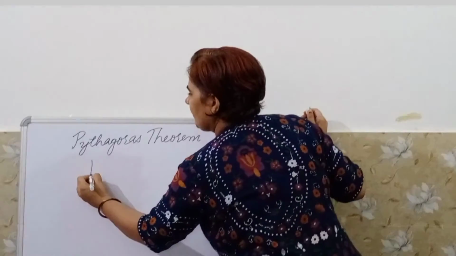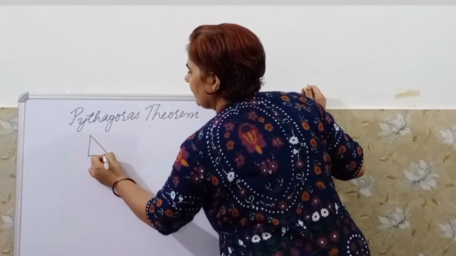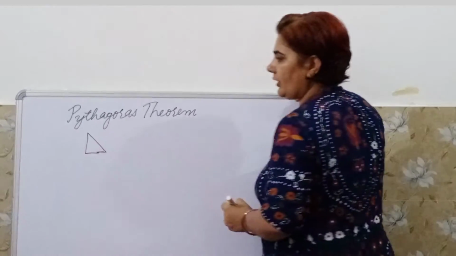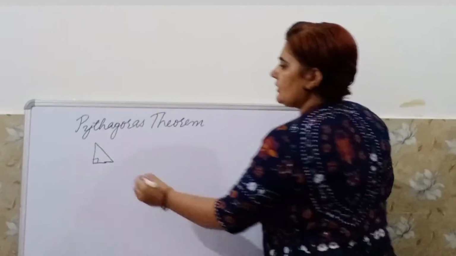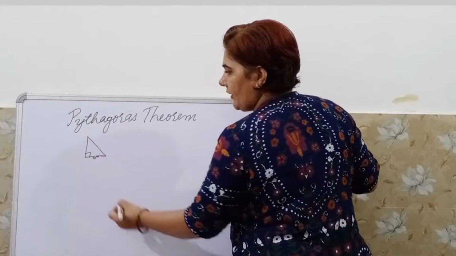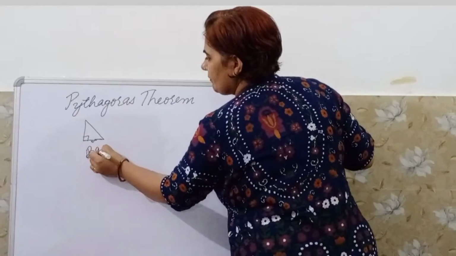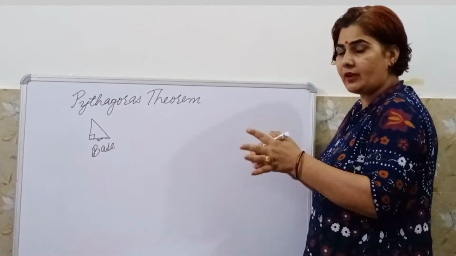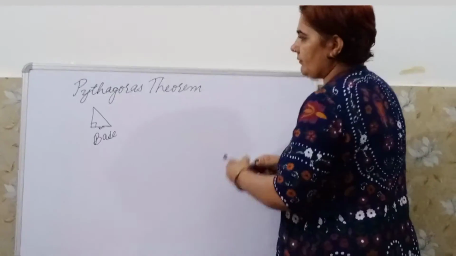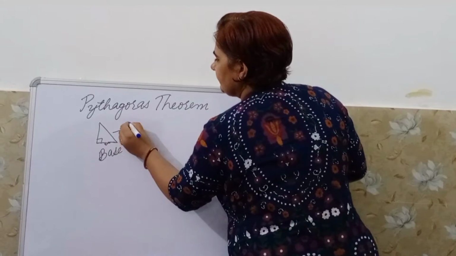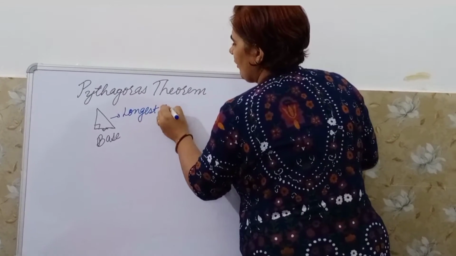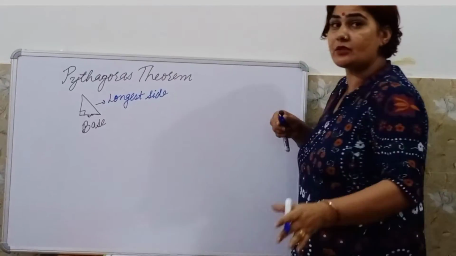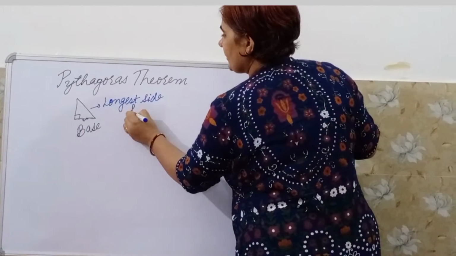It is applicable for a right angle triangle only. I have a right angle triangle and here we are making a right angle. The side where we are making a right angle is known as base. The longest side of a right angle triangle is known as hypotenuse.